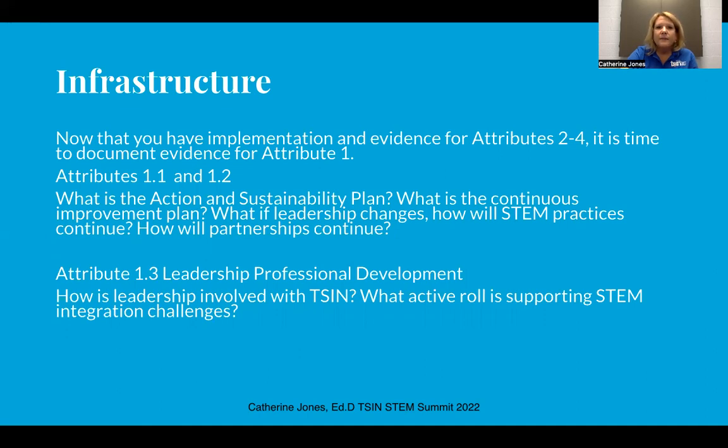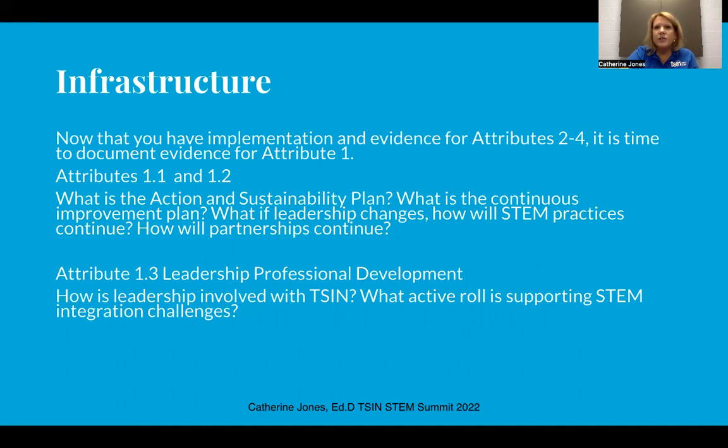And then 1.3 is leadership professional development. How are leaders in the building experiencing professional development? And then how are they supporting others' professional development? If you're a model STEM school, then you should be helping others implement STEM practices. So how is your STEM leadership team?